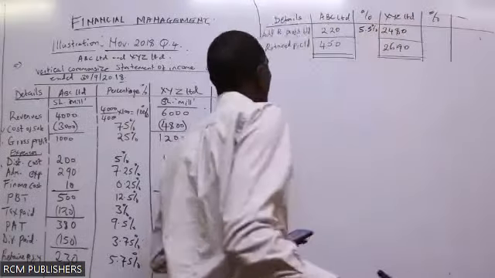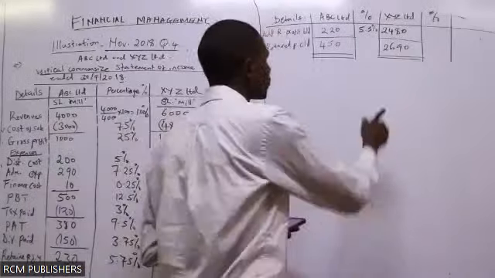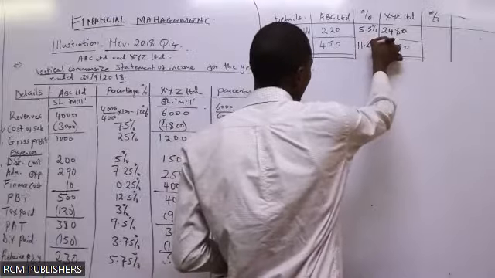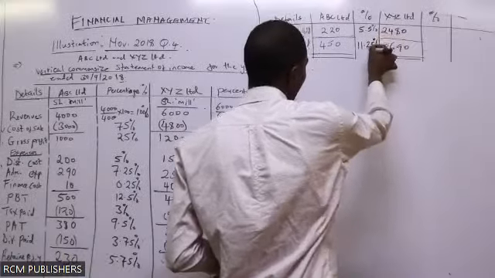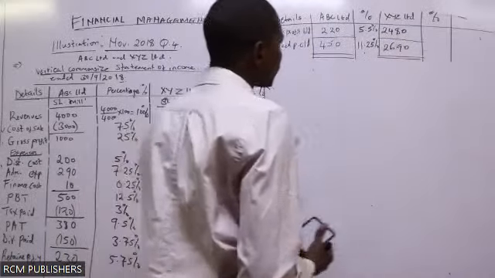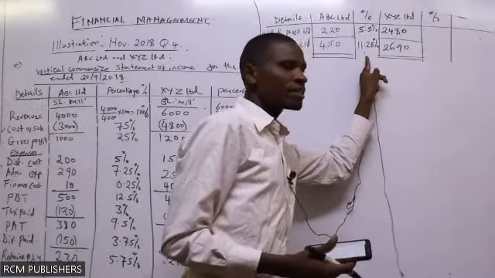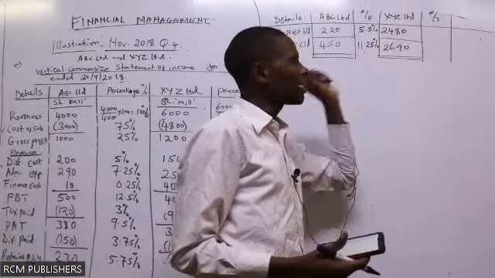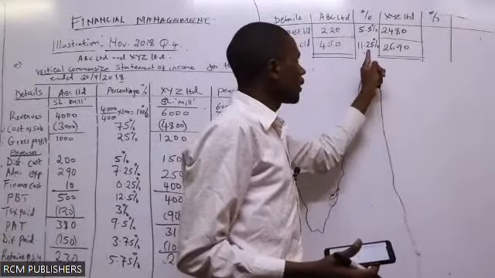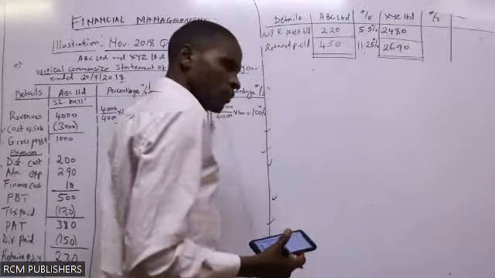Then we have the other one, retained profit carried down. Ni ngapi? 11.25. So the profit at the end was at that rate. This is the narration of each. We are referring all of them to revenue as a percentage of revenue.